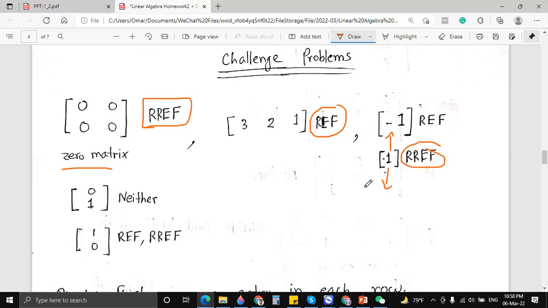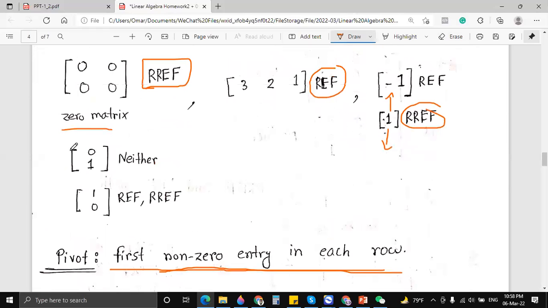But in this matrix here, we know that the row that contains all 0 values needs to sit at the bottom, right? But this 0 row is on the upside. That's why this is neither REF nor RREF form.